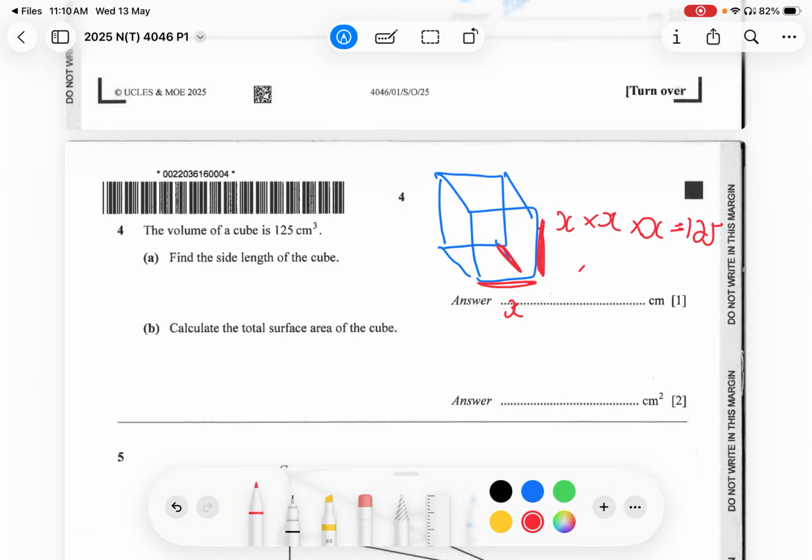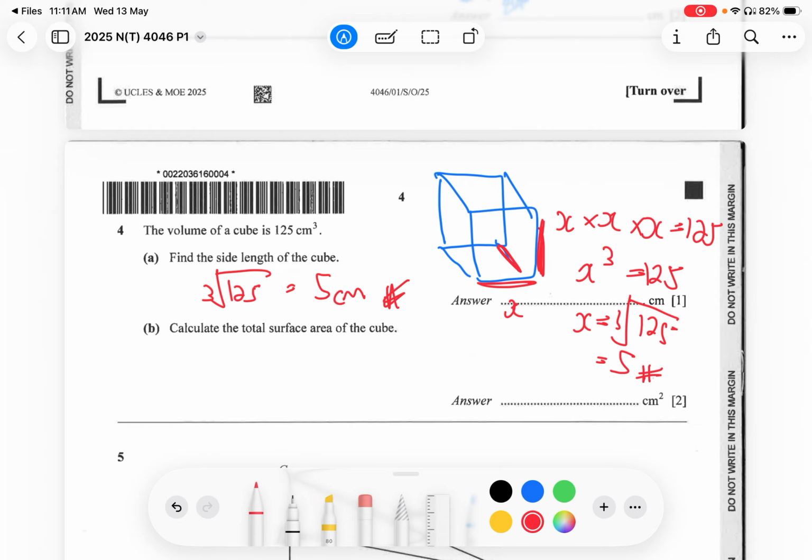So x cubed is 125. So x is the cube root of 125. Using the calculator cube root, you should get 5. The length of the cube is 5 cm. Or if you know this cube root, you just press the calculator and you also get the answer.